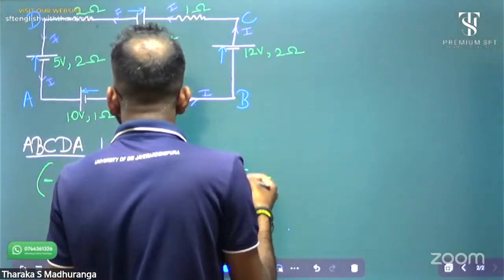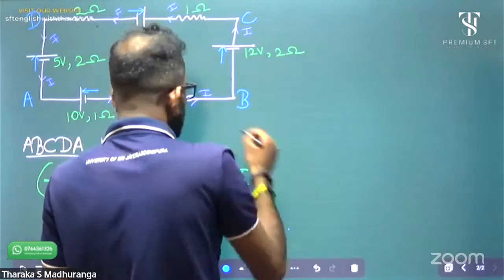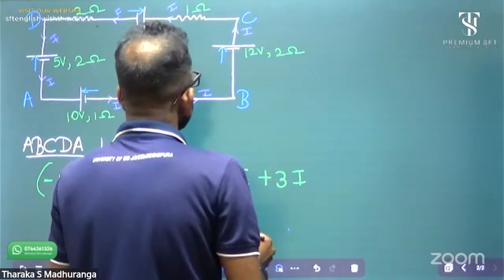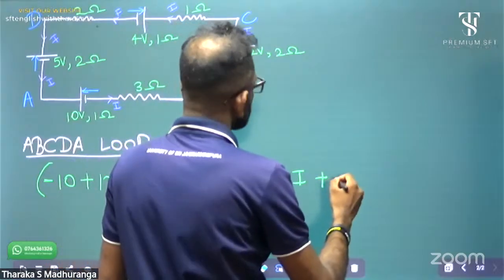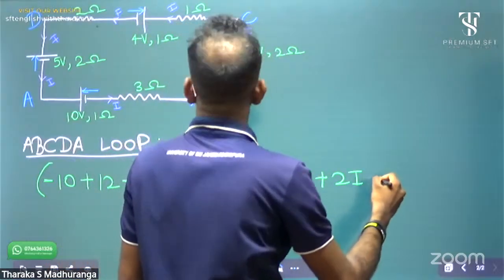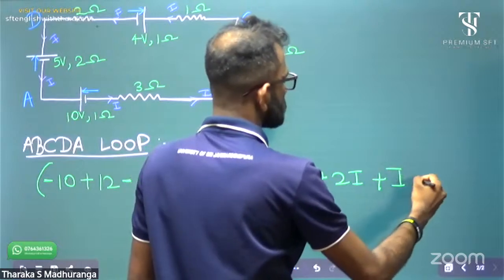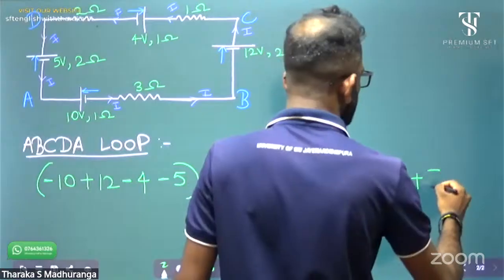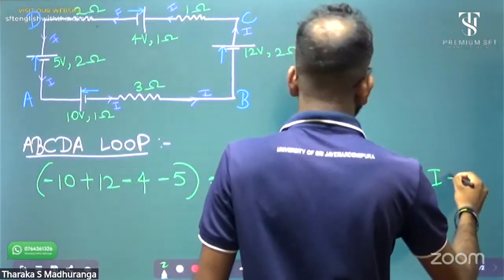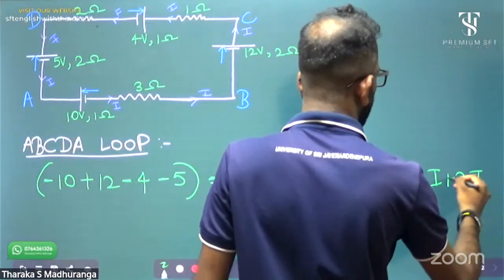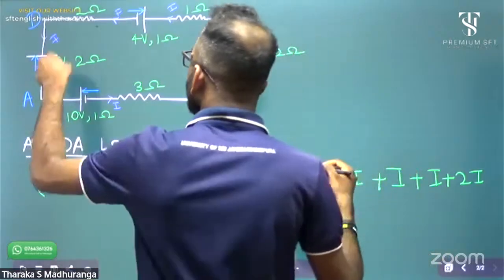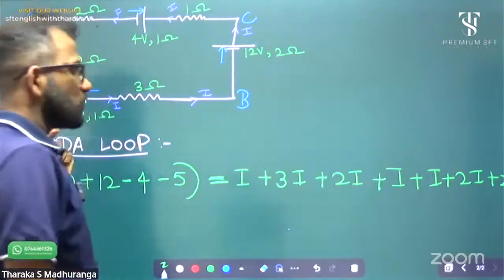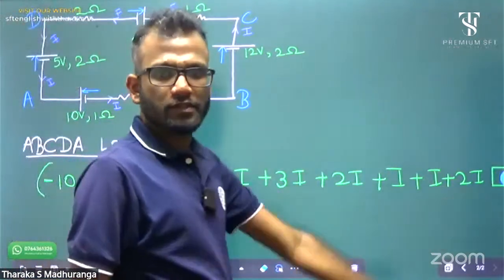I, plus 3I, plus 2I, plus I, plus I again, plus 2I, again plus 2I. That's all. They are the IR multiplications.